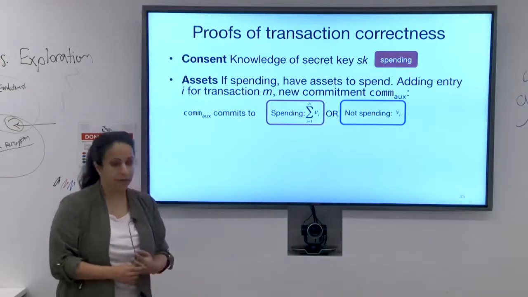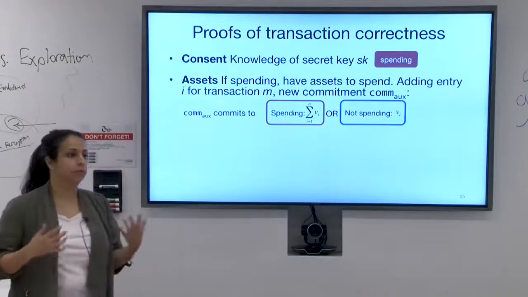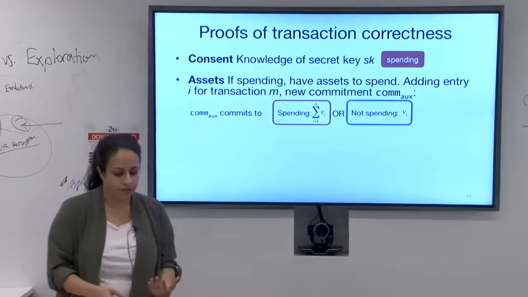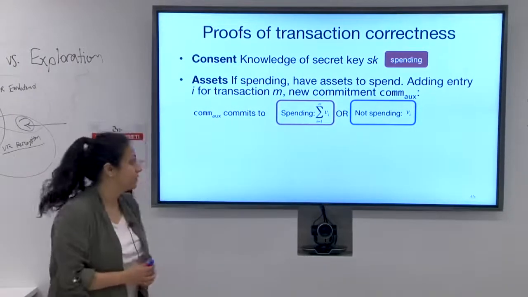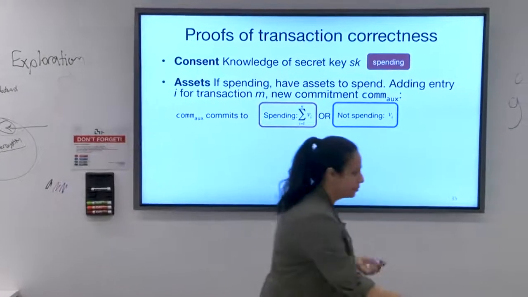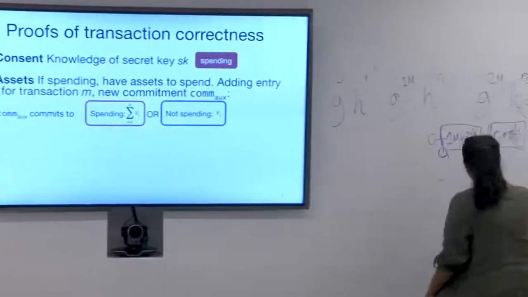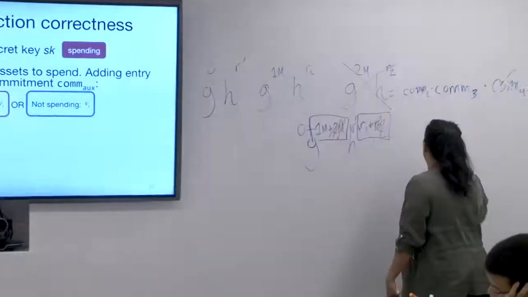Also, if the value is negative, you need to create a proof of assets. Technically, you don't need a proof of assets if the value is not negative, but we're trying not to reveal, remember, which bank is involved in which transaction.